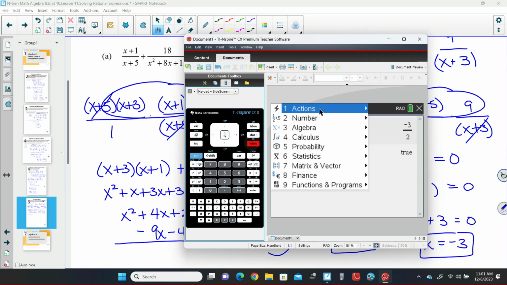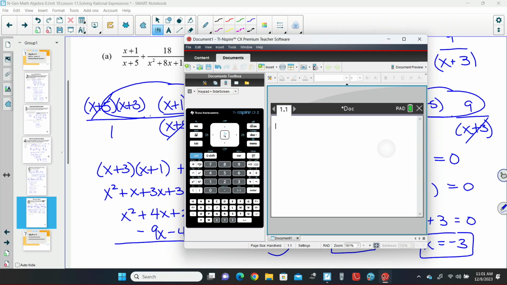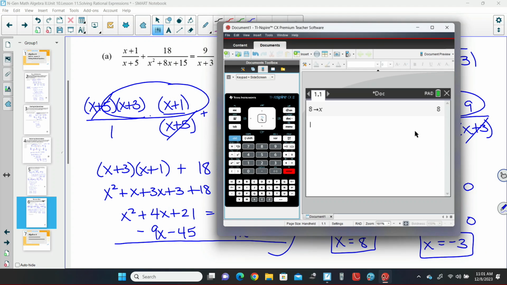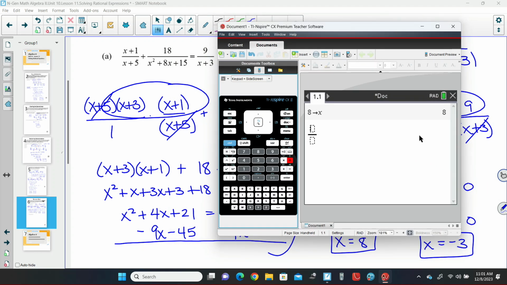Let me just clear this out. Actions, clear history. Let me take that 8, I'm going to store it in x. All right, and I'm going to type the equation in. I know it's going to take me a little bit, just bear with me. x plus 1 divided by x plus 5 plus 18 divided by x squared plus 8x plus 15 is equal to 9 divided by x plus 3.